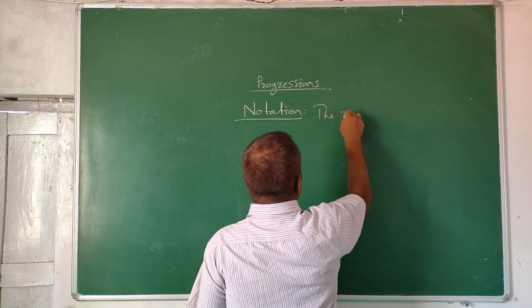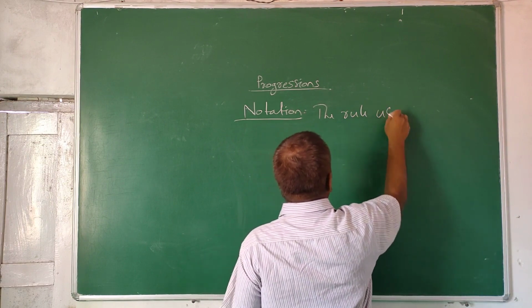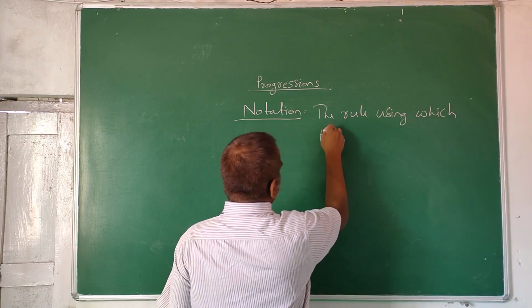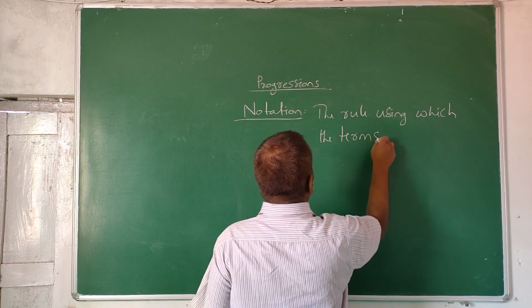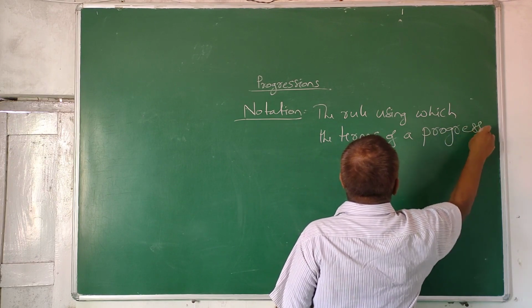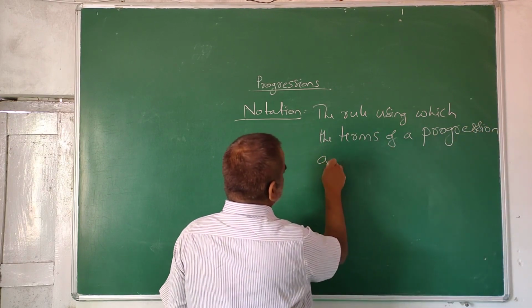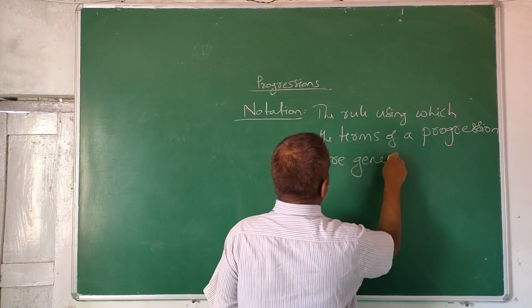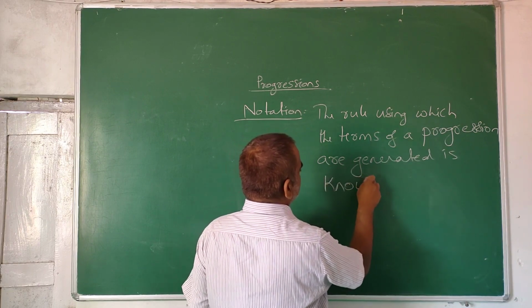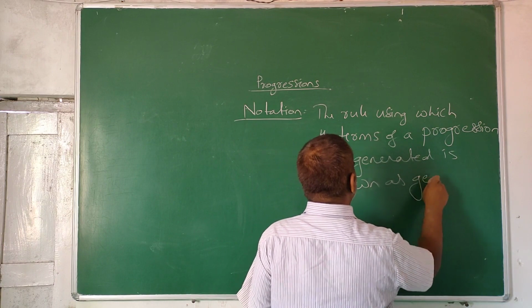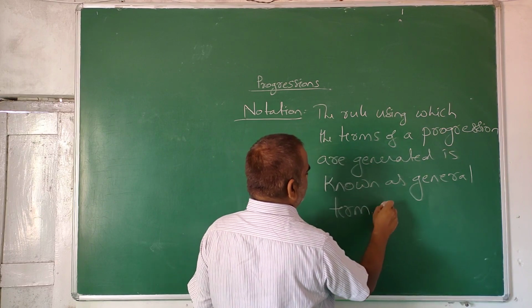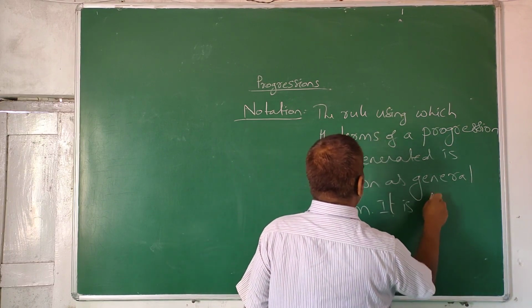So the rule using which the terms of a progression are generated is known as general term, and throughout this chapter it is denoted by a_n.